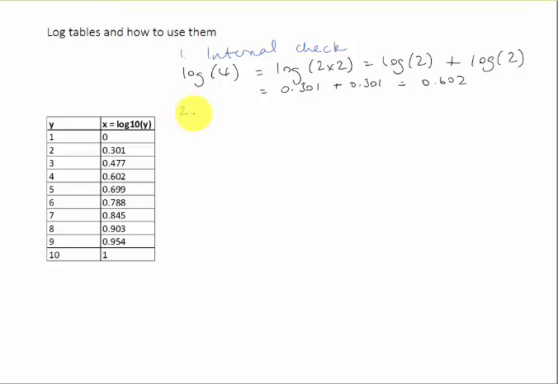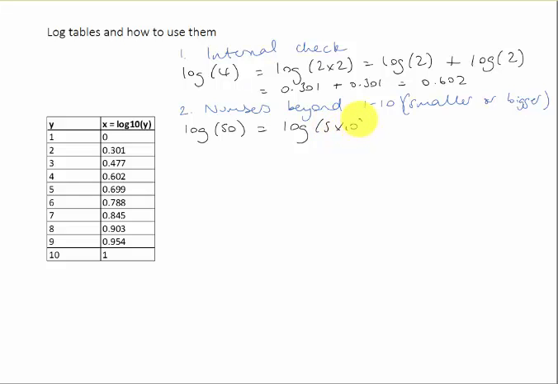But then we can also use this to look at numbers beyond this range of 1 to 10, so smaller or bigger numbers. For example, if we wanted to know the logarithm of 50, that is equal to the logarithm of 5 times 10.